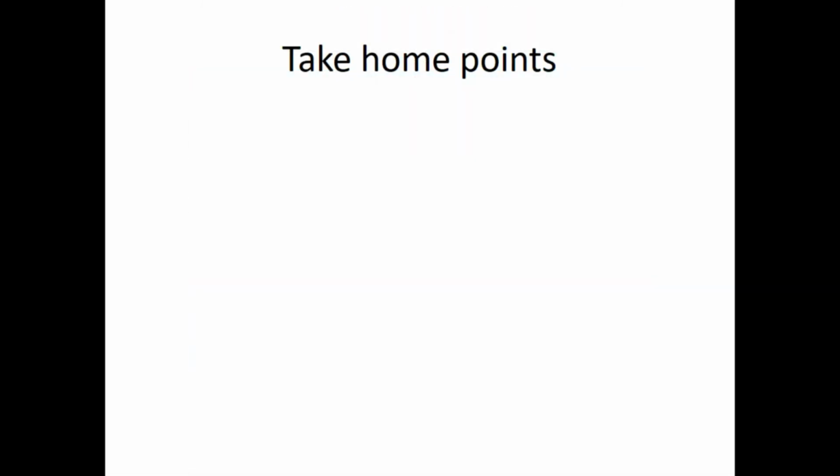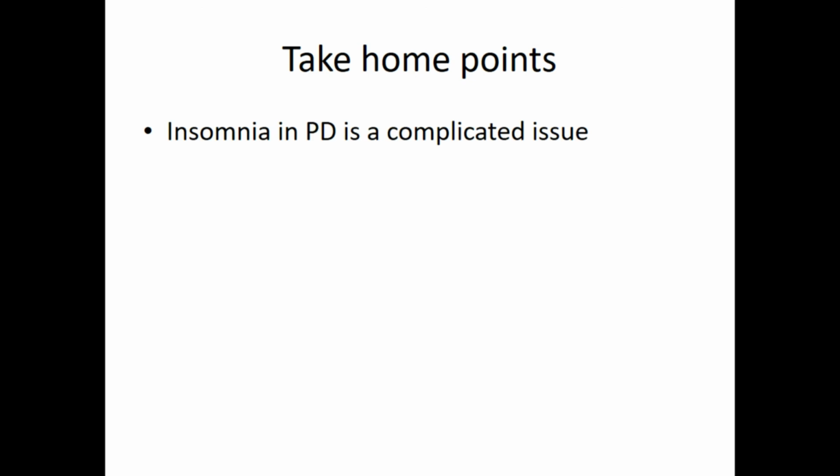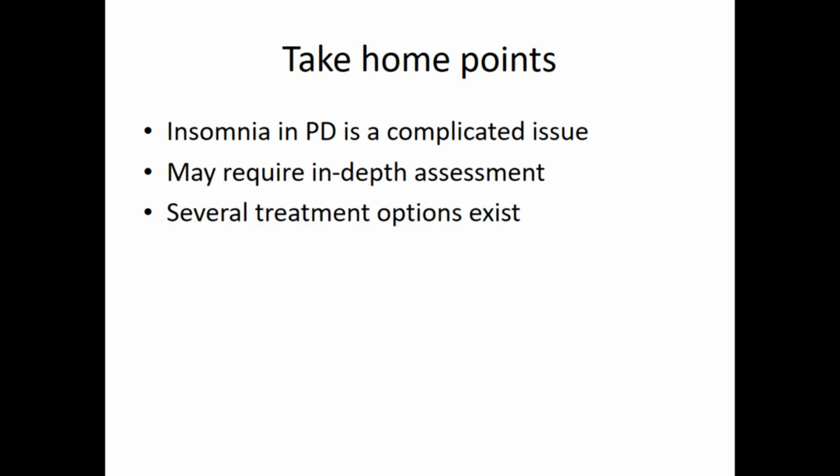So finally, I'm just going to wrap up some take-home points. Really, insomnia is quite complicated, and as you can see, there's a lot of things that contribute to insomnia in PD. And it may require some in-depth evaluations like sleep studies or sleep logs.